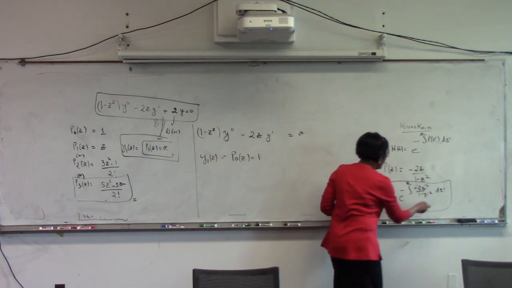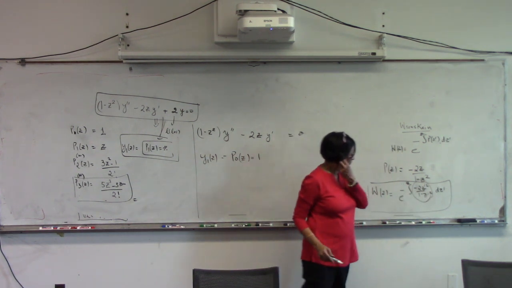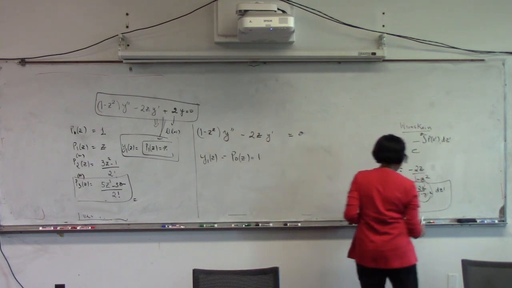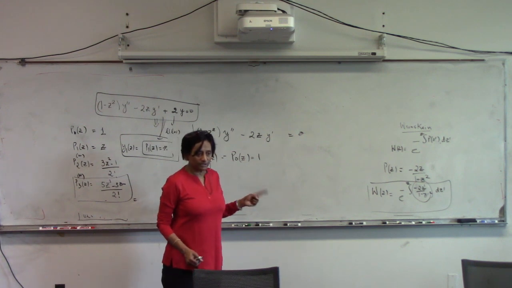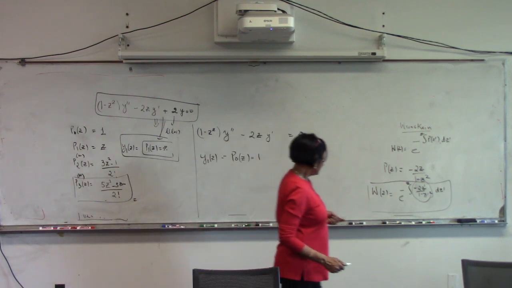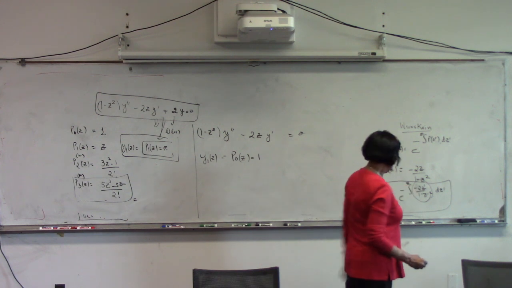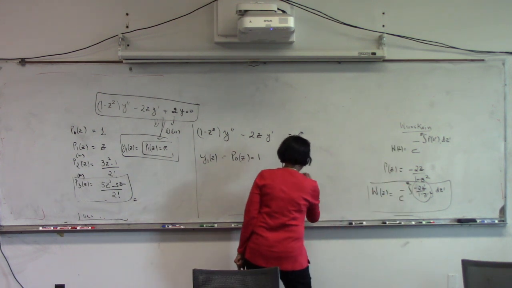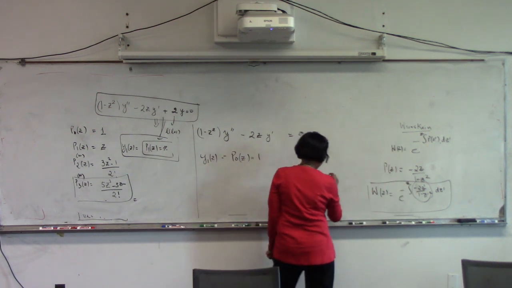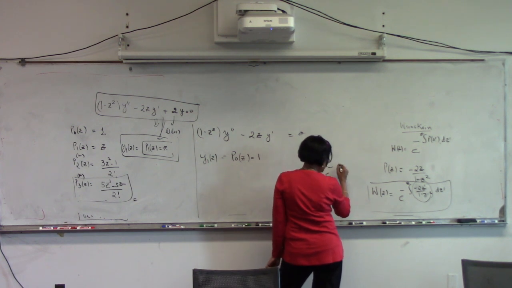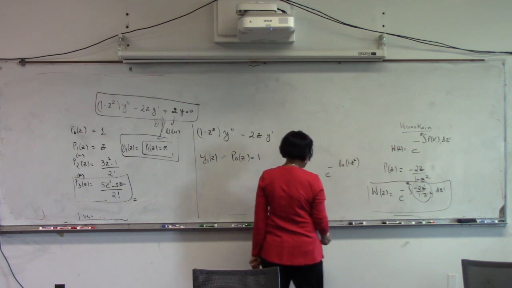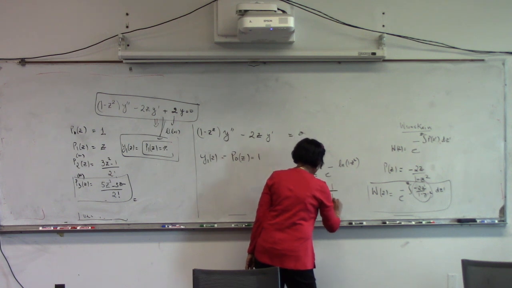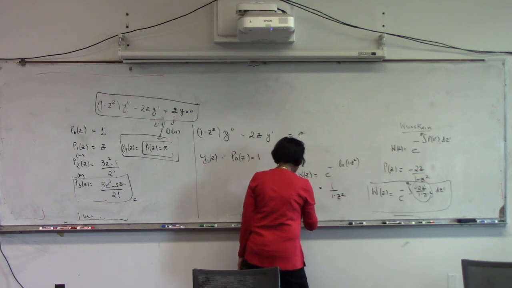And what is this? The numerator is the derivative of the denominator, so that is nothing but the natural log of 1 minus z squared. So W(z) is the exponential of negative natural log of 1 minus z squared, after you take the limits, which is nothing but 1 over 1 minus z squared. So this is my Wronskian.